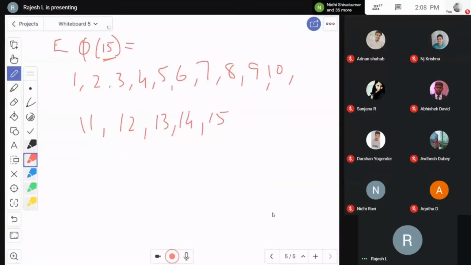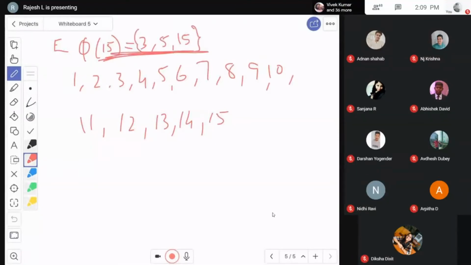Which are the factors that will divide this number 15 from this range? 3. Next number. 15 will be divisible by 3, 5 and 15. Isn't it?